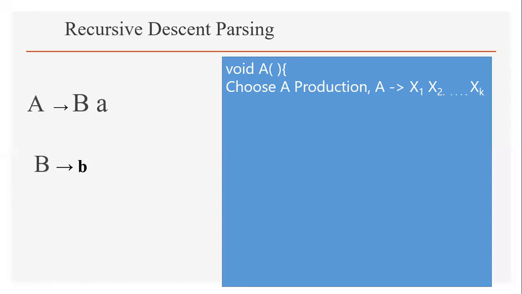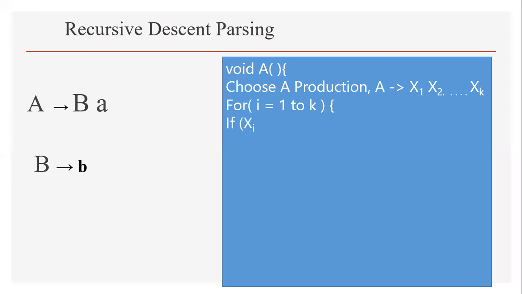So A has some symbols x1, x2 up to xk. In our example, it is B A, that is x1, x2. Considering each symbol of the production, we have two symbols in this example, so i equals 1 to 2. If there are k symbols, it is 1 to k. Like that, you have to write the for loop.